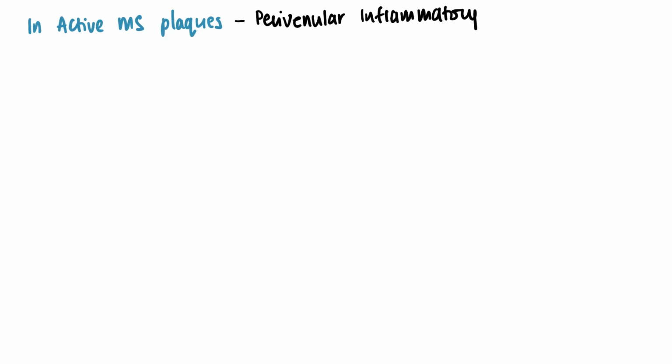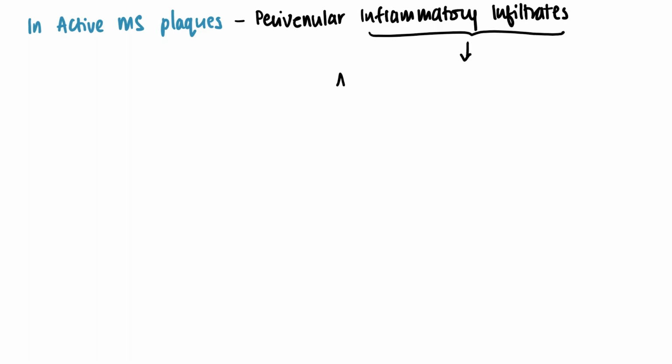In active plaques of multiple sclerosis, what happens is there are perivenular inflammatory infiltrates. So, what are these inflammatory infiltrates?